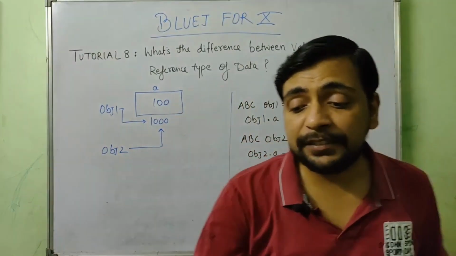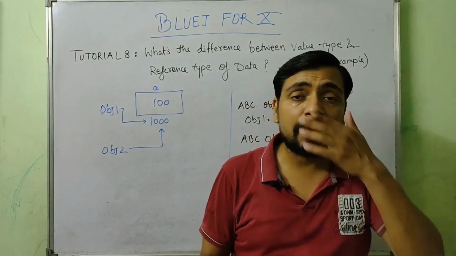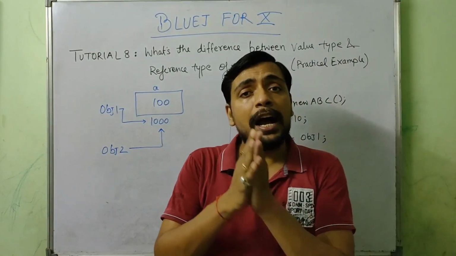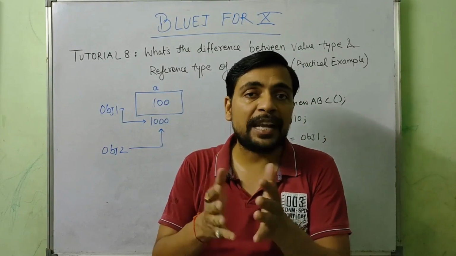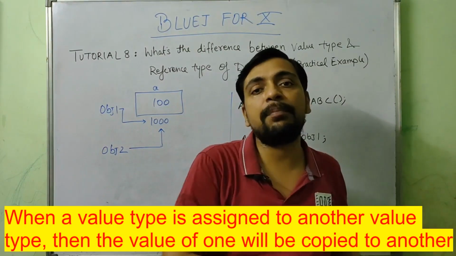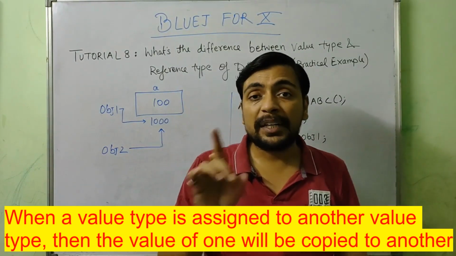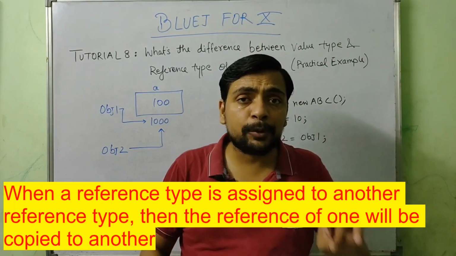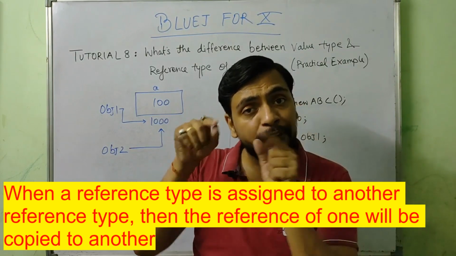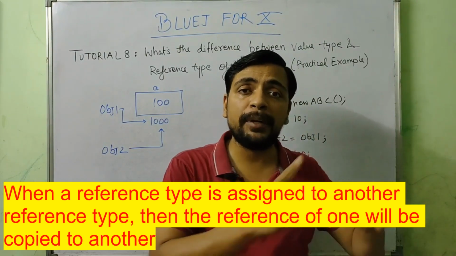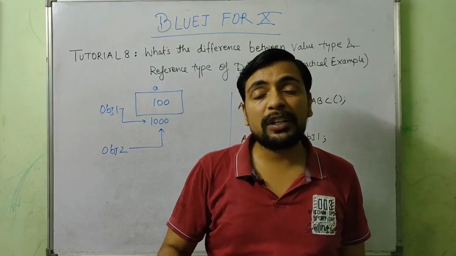So what happens in the case of value type and reference type? If we are assigning a value type to another value type, the value of that location is copied to the new location. But if we are assigning a reference type to another reference type, then the reference of that location is copied to the new location. So what is the difference?